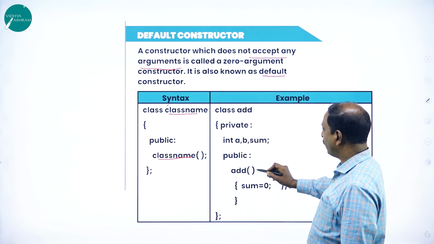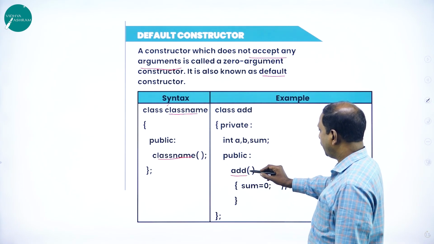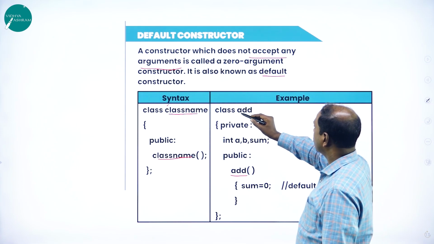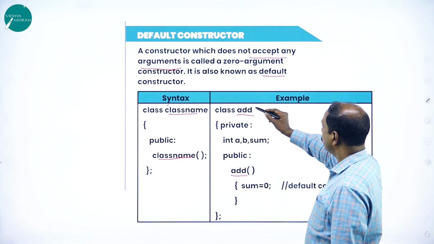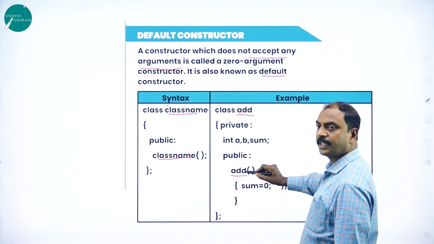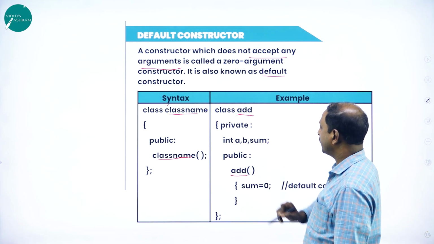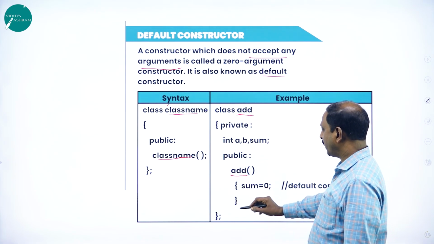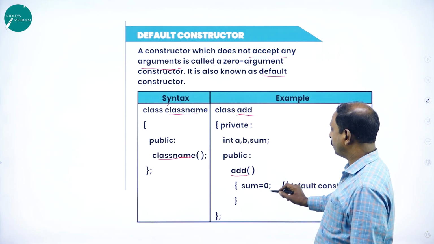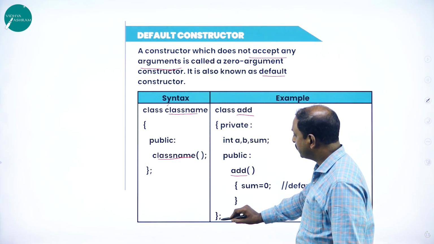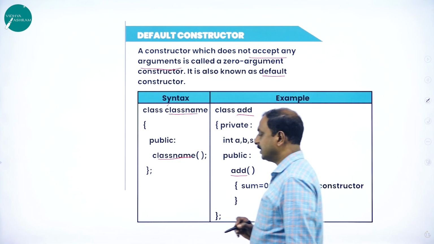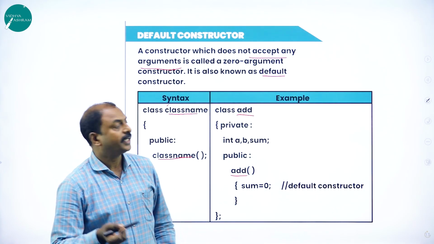Under public we have add. Add is the name of the constructor because the class name is add here. So this is a constructor. Then inside that we write the statement sum equal to 0, close this and close the class. So this is an example of a default constructor.